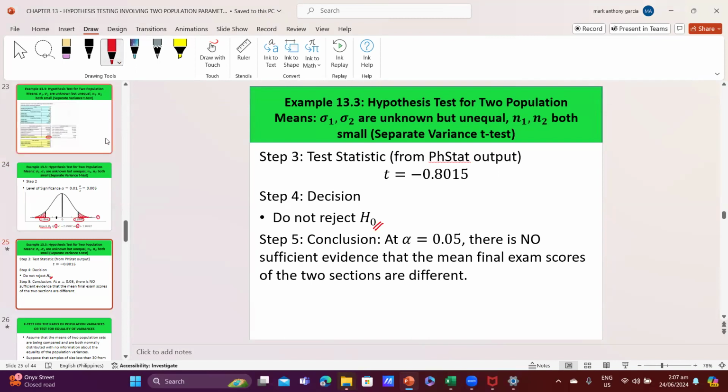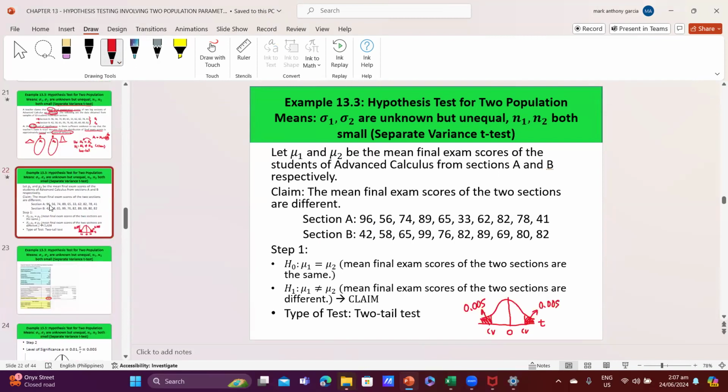Now going back to our step 1, since we don't reject the null hypothesis, we put a check mark on it. And since the check mark and the claim are located in different hypotheses, that means that there is no sufficient evidence that this claim is correct.